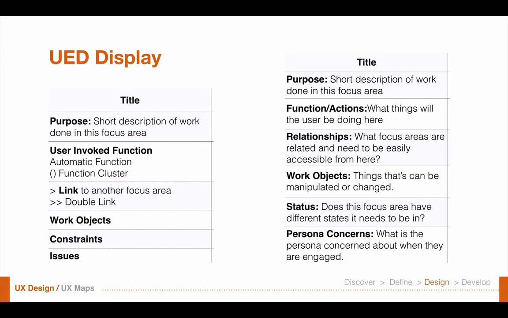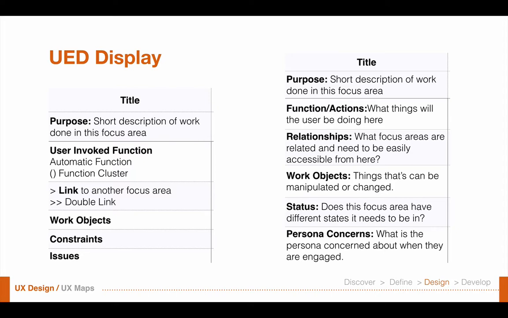So I have put that attachment in Blackboard. You can also add those into your content if you want to. It is not a requirement, but you can choose between the left part, which is the formal UED display, or the right hand side, which is the revised version of this.